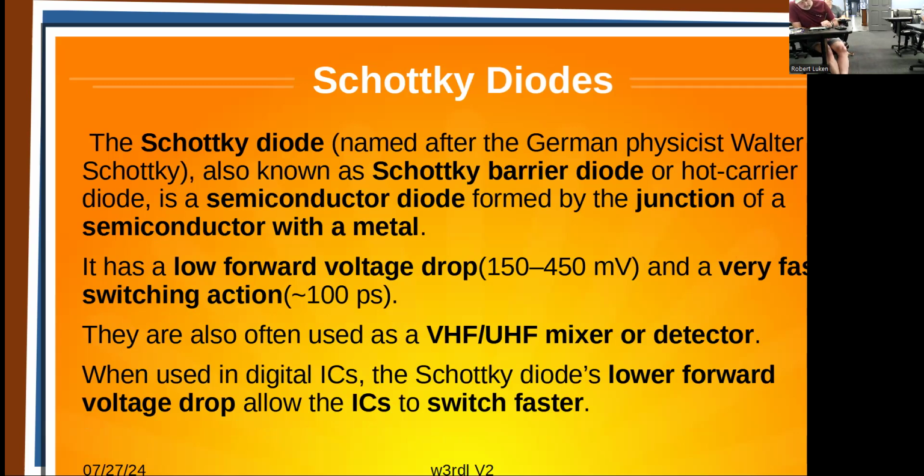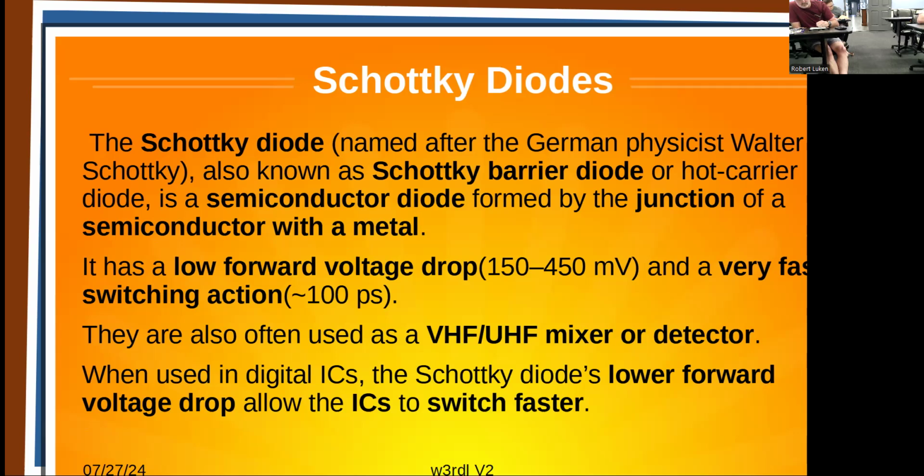They sometimes call it a hot carrier diode, although I don't hear that much anymore. But it's basically a junction between metal and semiconductor material. It gives you a much lower voltage drop than you would with a silicon or germanium.